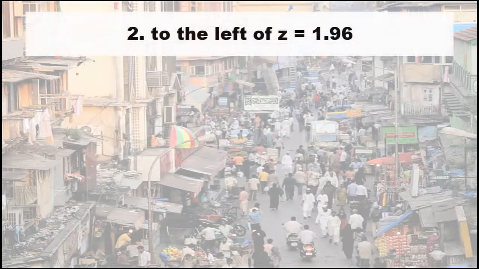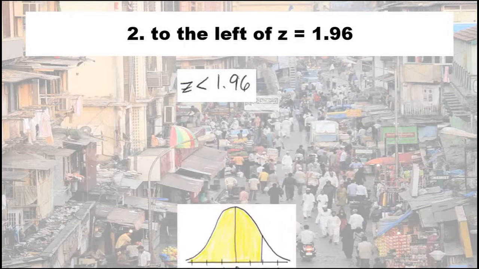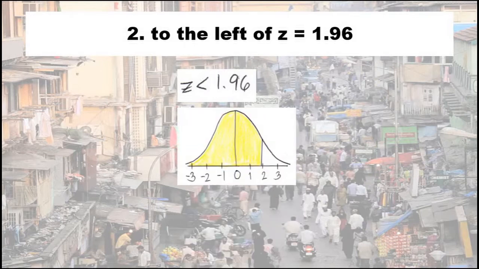Number 2. To the left of z is equal to 1.96. So that means z is less than 1.96. So we're going to sketch the graph of it. You plot z is equal to 1.96, then you shade to the left of it.